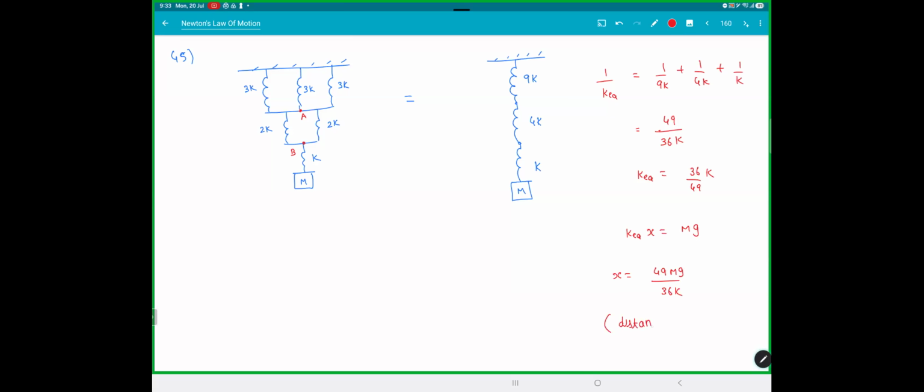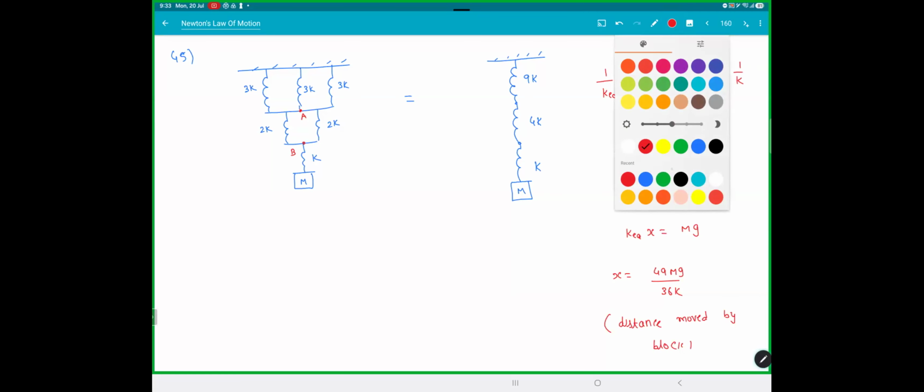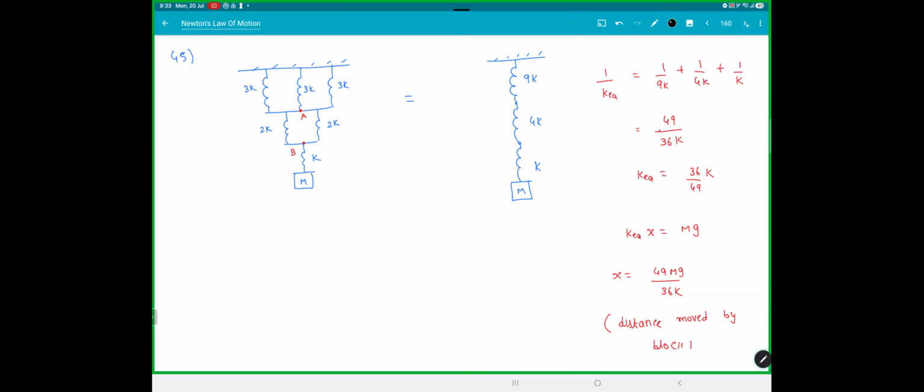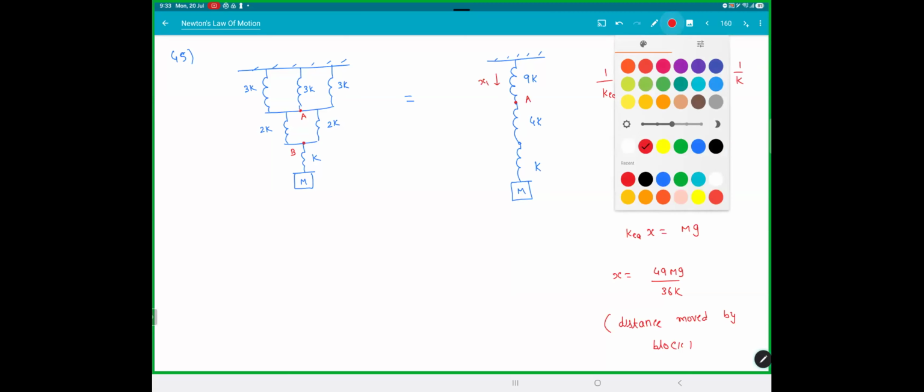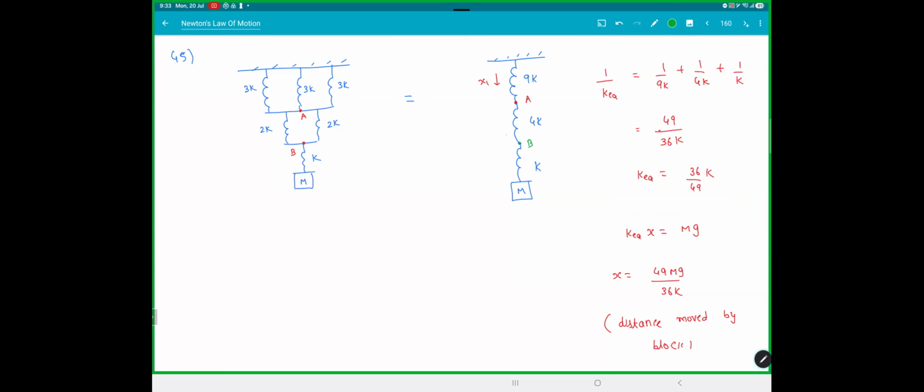The total elongation in all the springs is equal to this. But like I said, you don't need to do this. You can do this even better. If this point is A, let's say this spring is stretching by x1. This is B, and let's say this spring is x2. So the displacement of A is the elongation in the 9K spring.